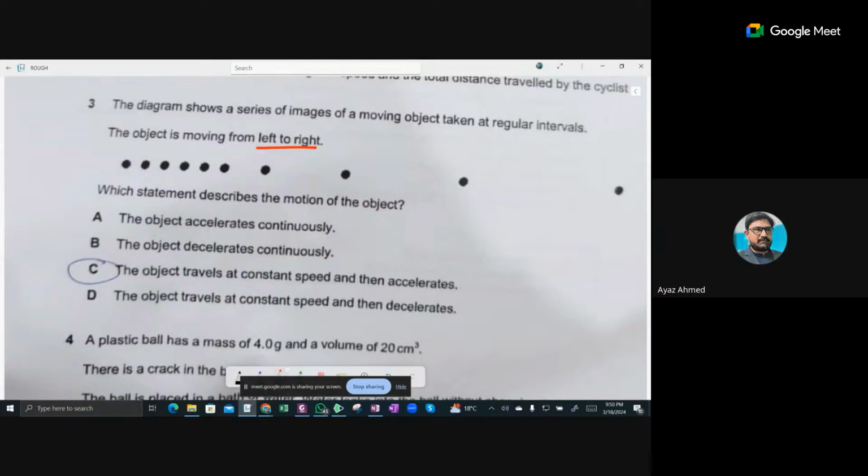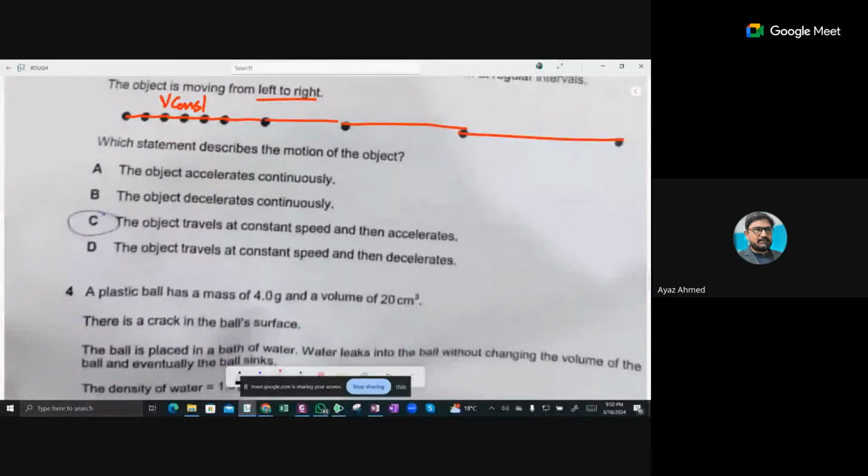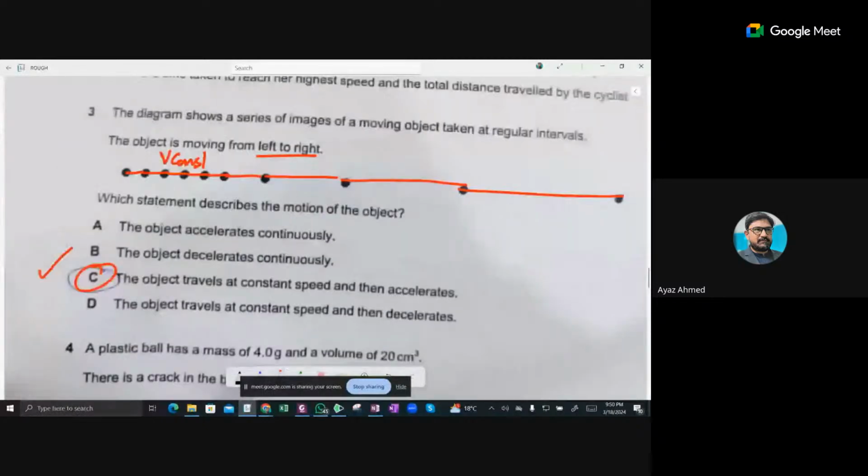In the first 4 or 5 dots, distance is the same, time is the same, so speed is the same. V is constant. And then it is accelerating because it is traveling more and more distance, so its speed is increasing. It means it's accelerating. The object travels at a constant speed and then accelerates. Yes, so option C is correct. Well, yeah, you got it.